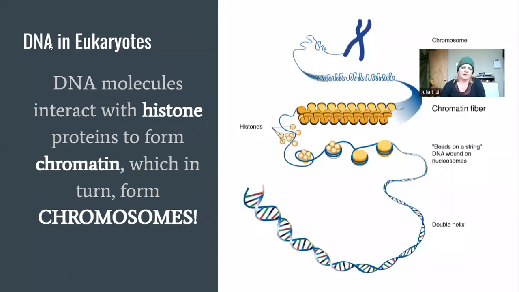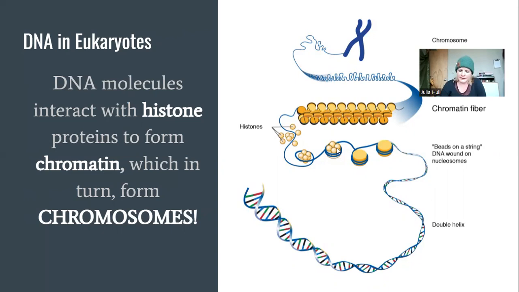Okay, so in eukaryotic organisms like us, like fungi, like plants, the DNA molecules, so here's our little double helix that we know and love, interact with these proteins called histones.